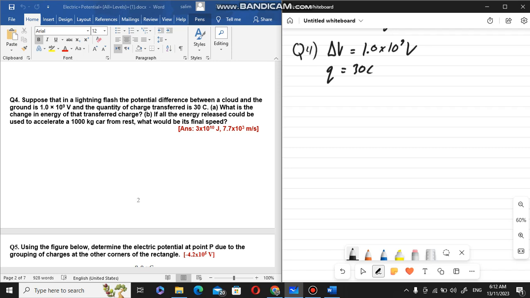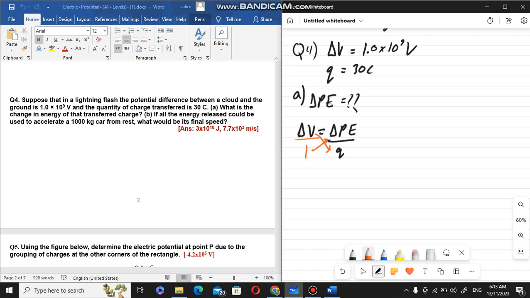They're asking, what is the change in the energy of the transferred charge? When they say this, they mean that they are looking for delta PE. What is delta PE? We say that delta V is equal to delta PE over Q, and we need to find delta PE, so we need to do cross multiplication.